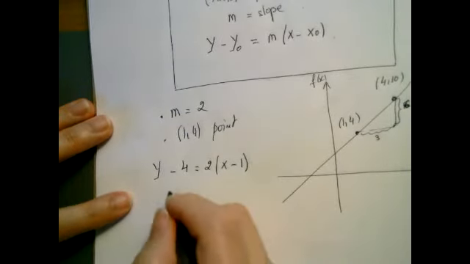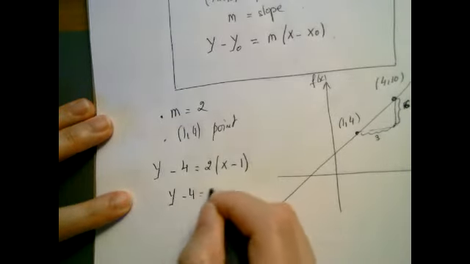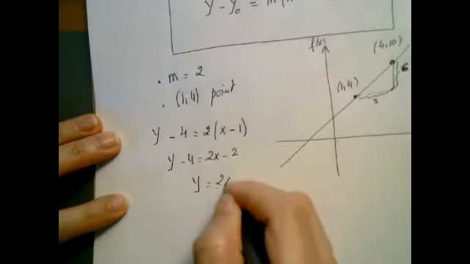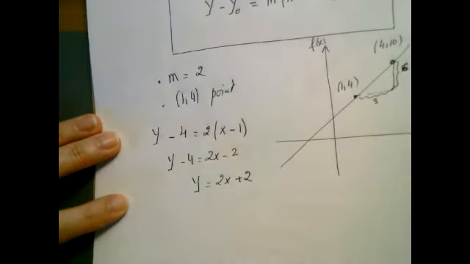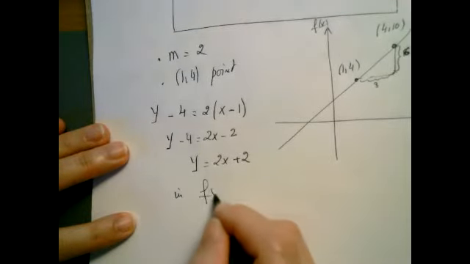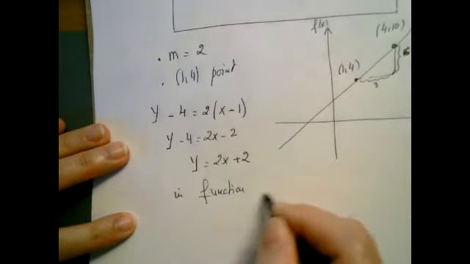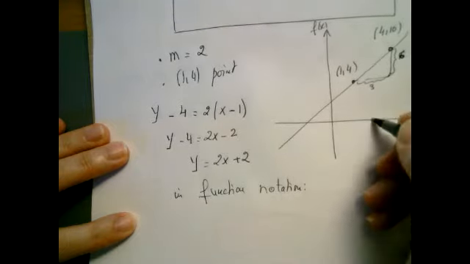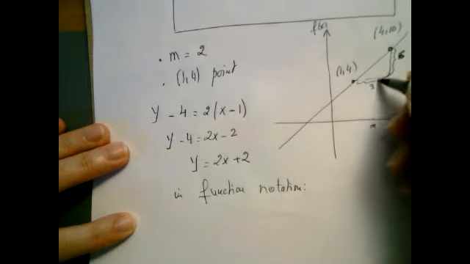Now we simplify a tiny bit. 2x minus 2, and y is 2x plus 2. That's what we expected. So it means that if I know the x here, I know the y.